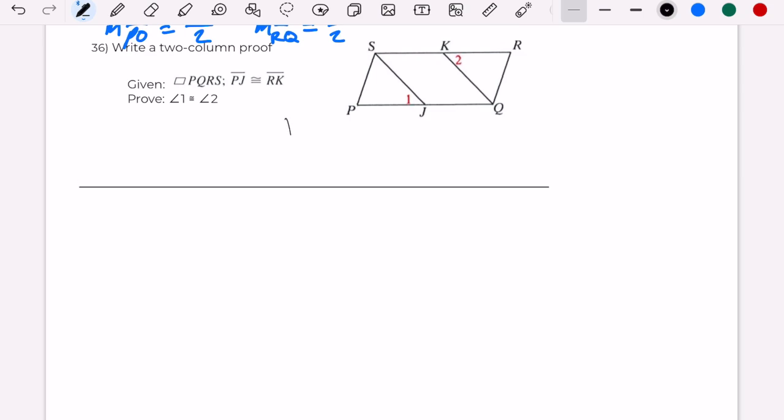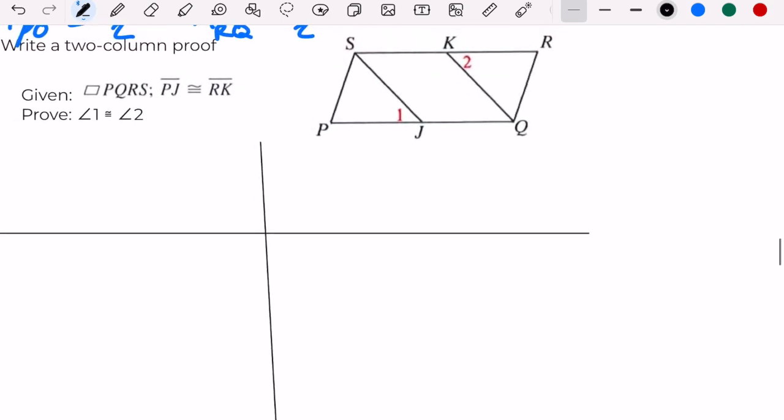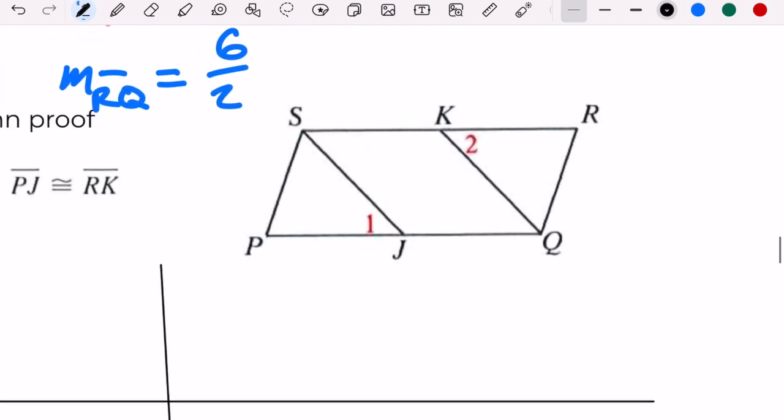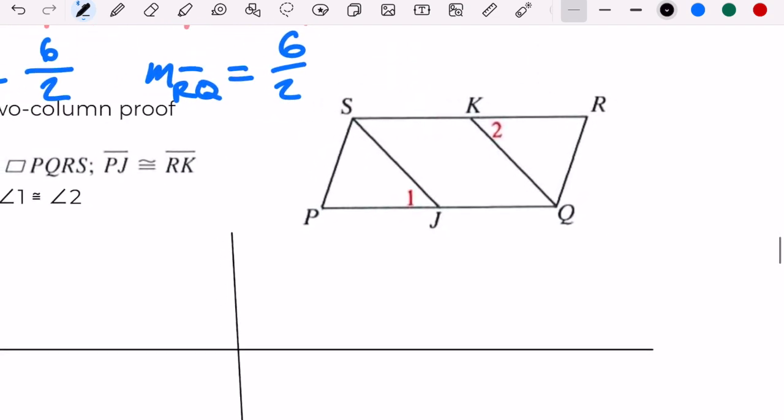Okay, so we're going to start this problem by drawing our table of statements and reasons. Maybe if we do a plan first. So we know that PQRS is a parallelogram. So that gives us so much information.